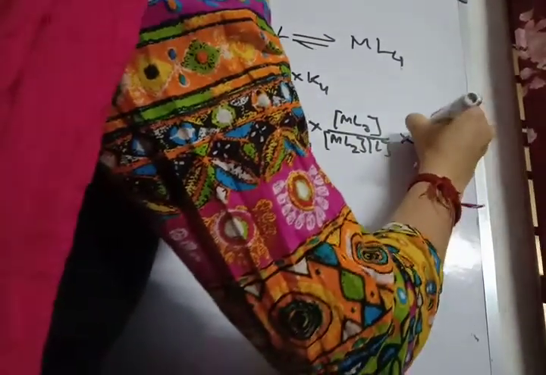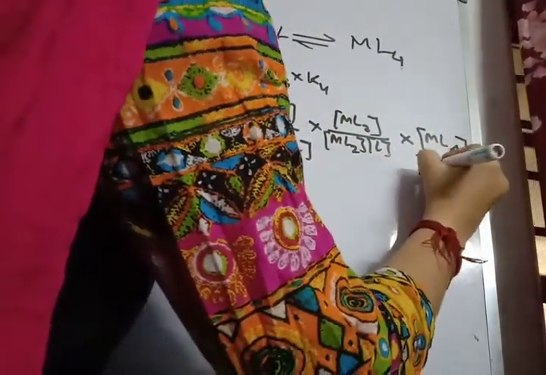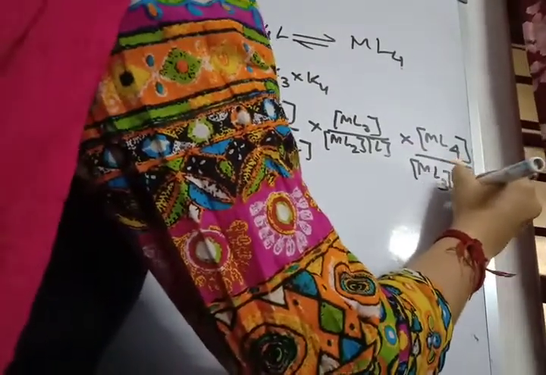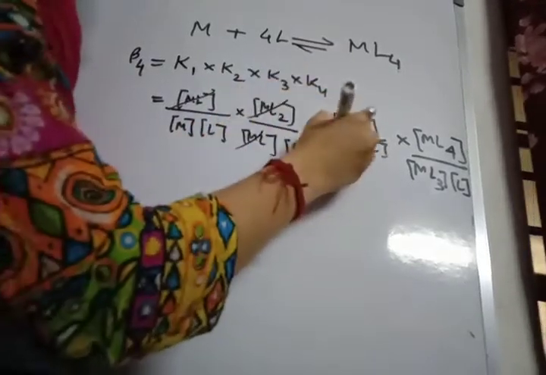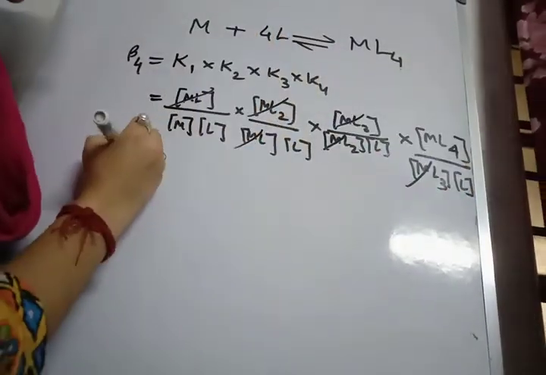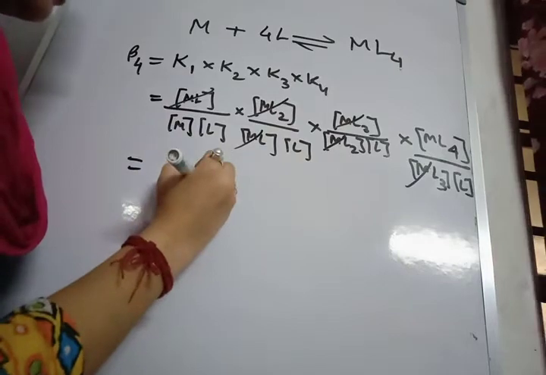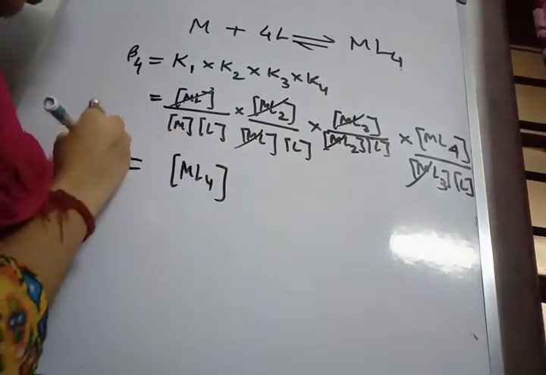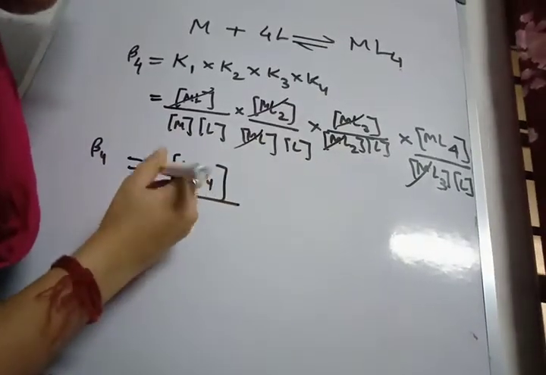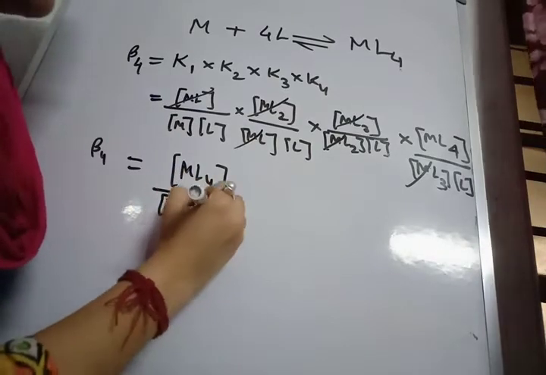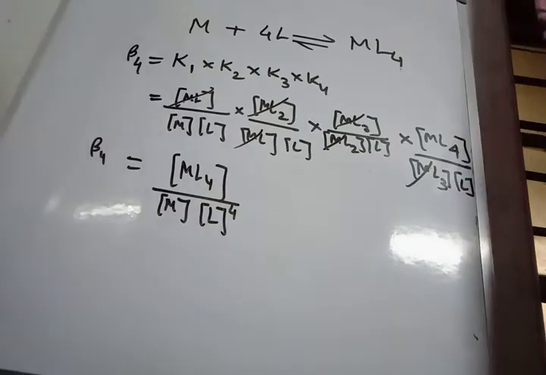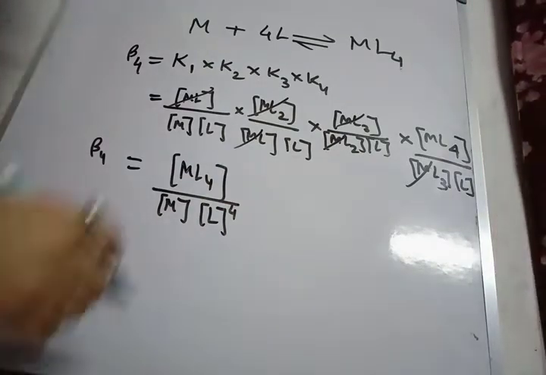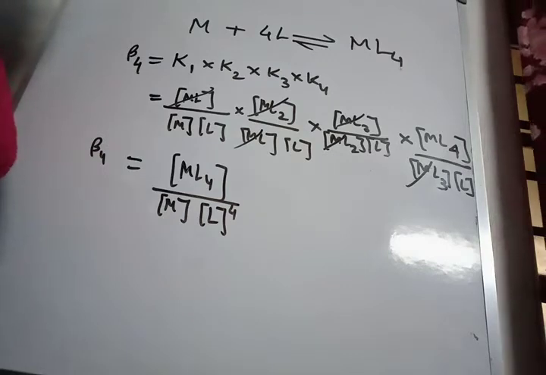Last is your K4 value. Now the common terms will get cancelled. ML will be getting cancelled. ML2, ML3, right? So at the end, what do we get? ML4 means beta 4 equals concentration of ML4 divided by concentration of M and L to the power 4. Right? So this is basically the stability of a coordination compound.